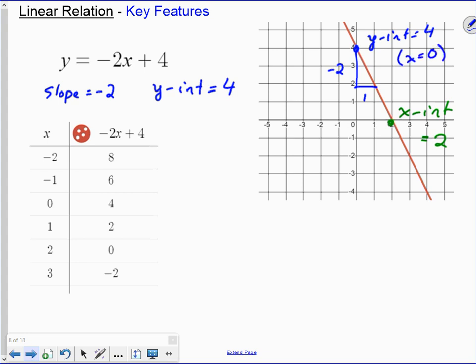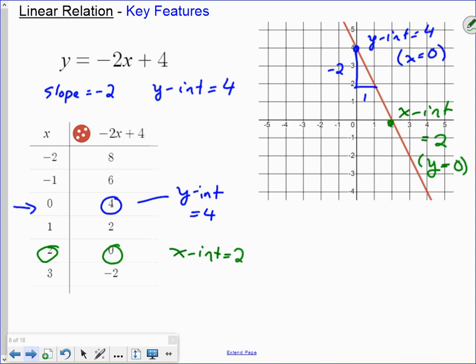So in our table, if we go to where x is equal to 0, we get that our y-intercept is equal to 4. Similarly, our x-intercept occurs where y is equal to 0. If we go in our table to where y is equal to 0, we get that our x-intercept right here is equal to 2.